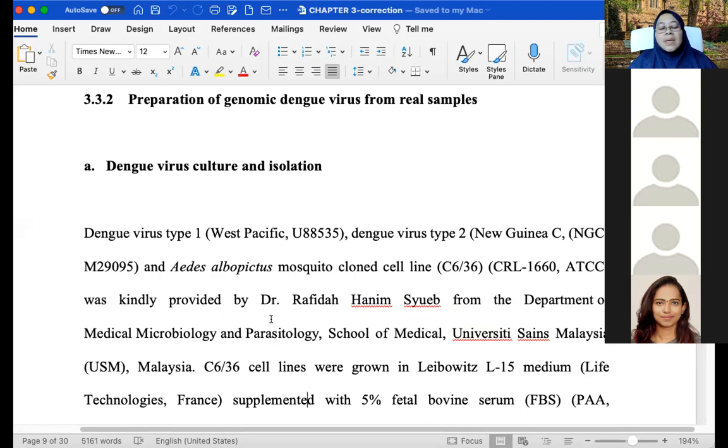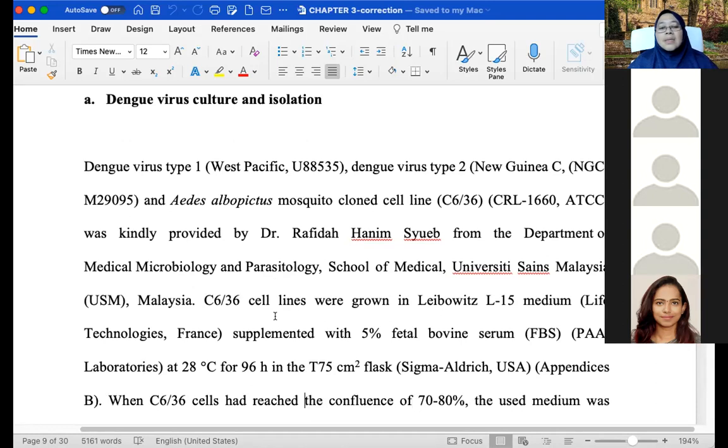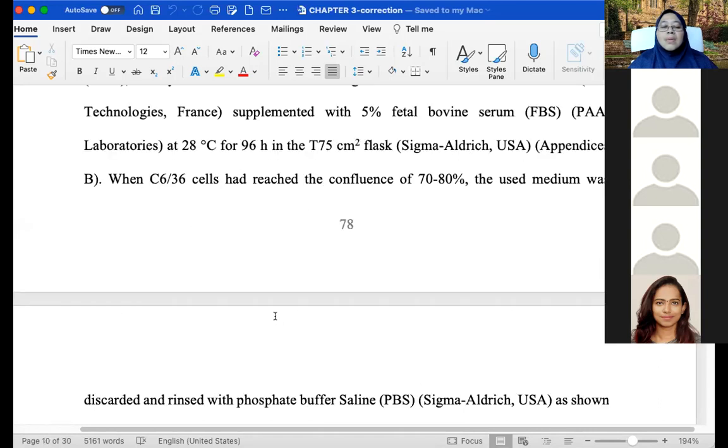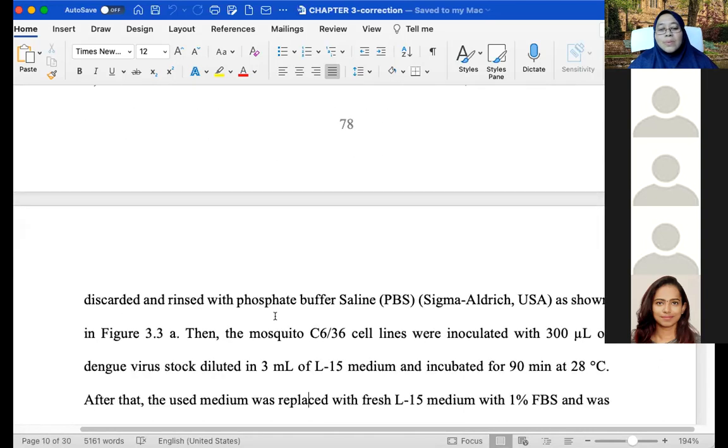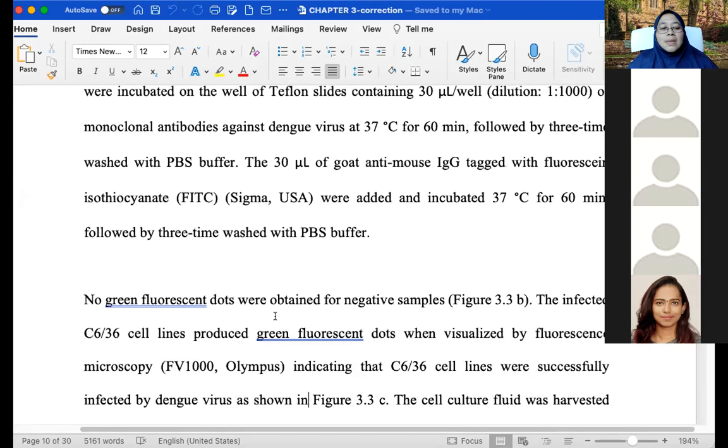So we declare that the samples are from someone else, from which department, and we mention the name of the researcher. That is very important in the method section, to declare clearly the material resources as well as the methods being used and the instruments also. Okay. All right.